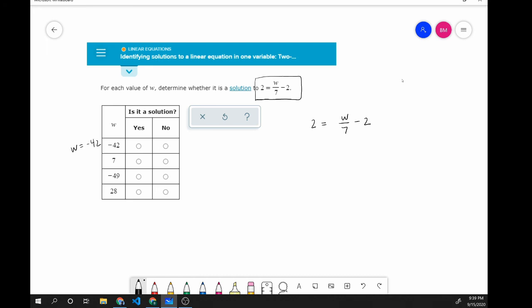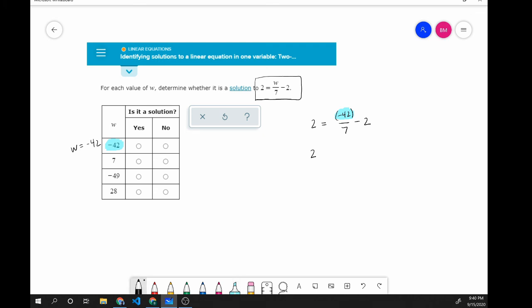So in my equation, I want to get rid of w and replace it with negative 42. So this number that was right here is just going in place of w. And I'm going to simplify that.